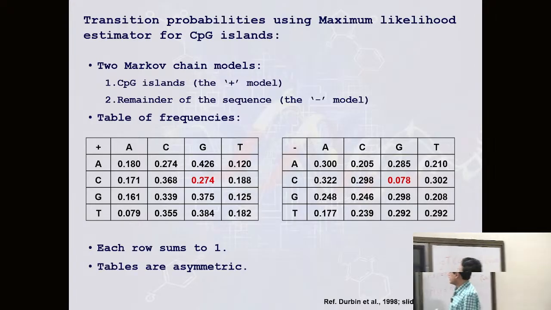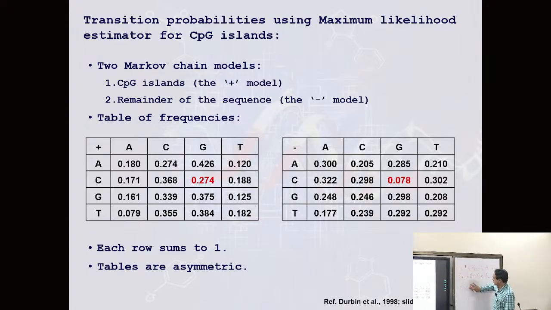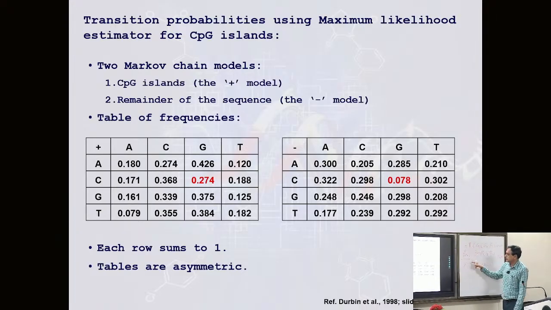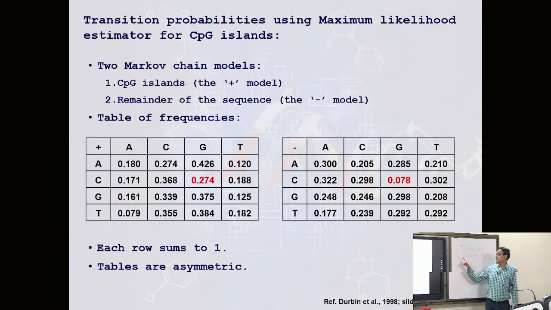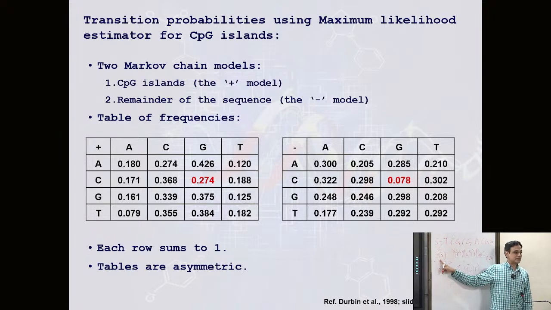And then I will divide these two. If I divide the probability of S to be a CpG sequence by the probability of it to be a non-CpG sequence, then what is this ratio often called?